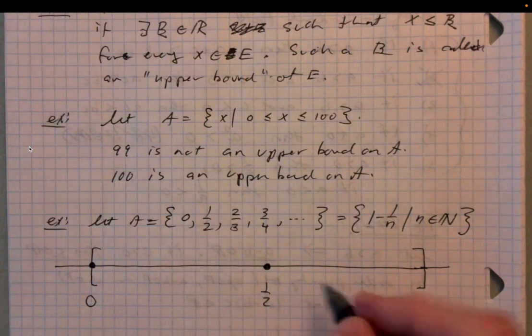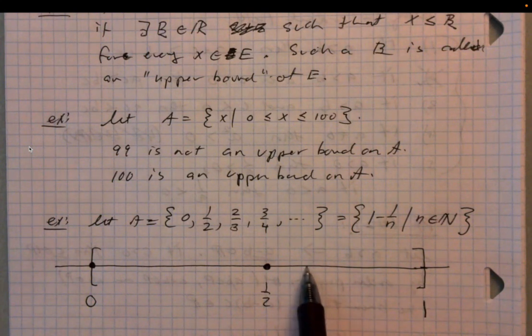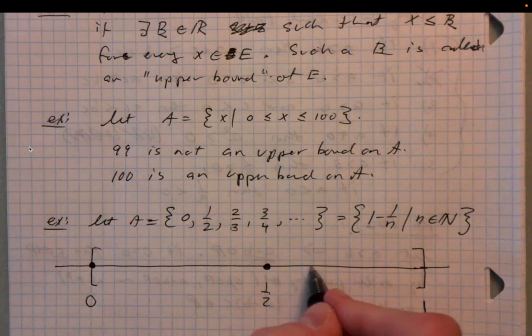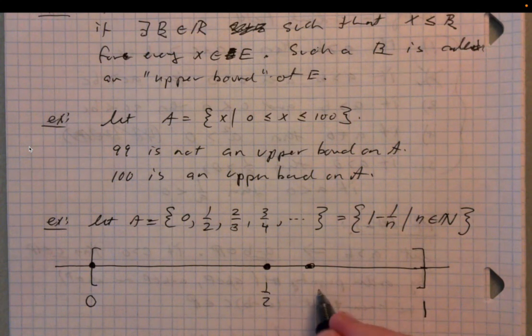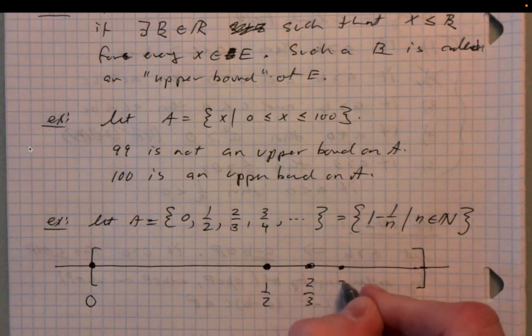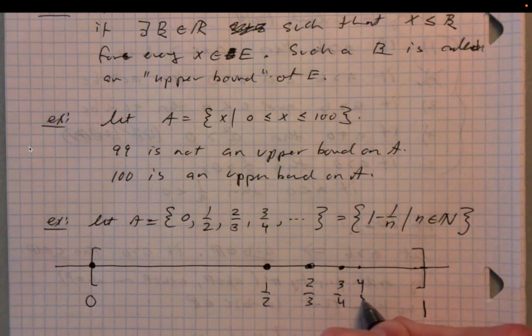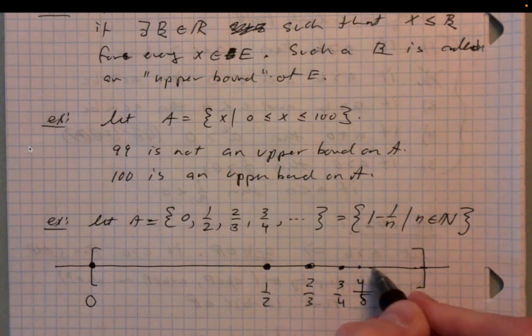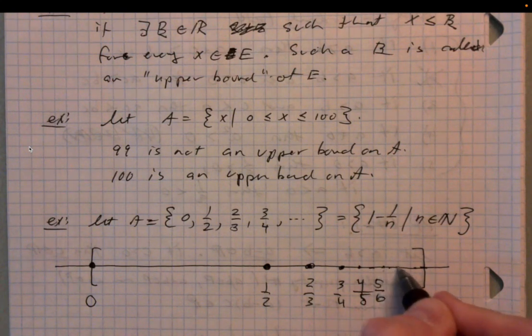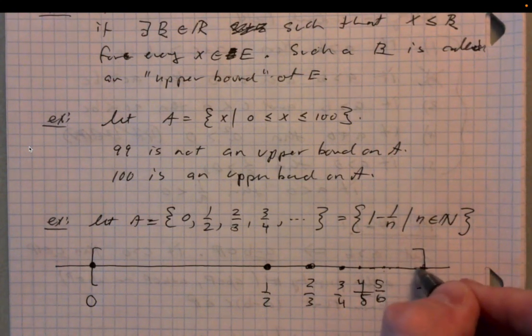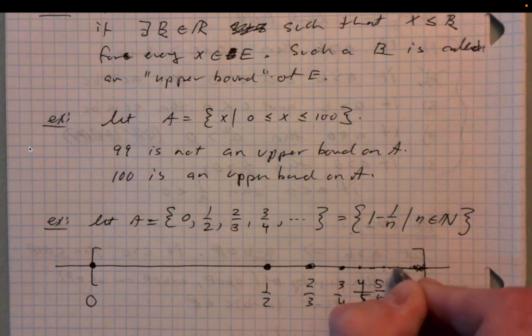And then 2/3 is the next, which would be roughly right about here, let's say. And then 3/4, and then 4/5, and then 5/6. You can see what's happening. These numbers are going to get extremely densely packed up here towards 1.